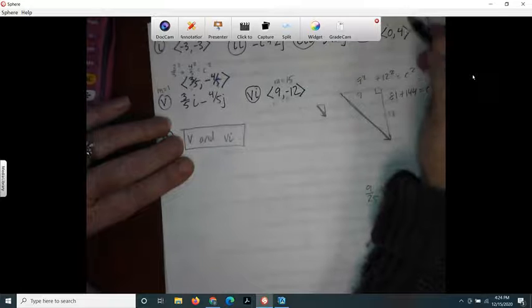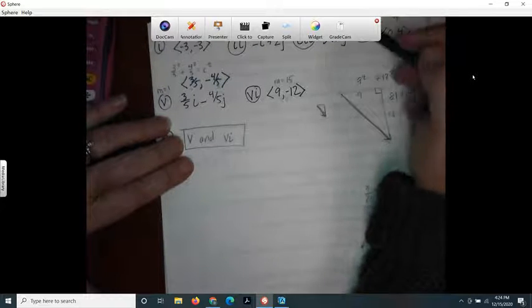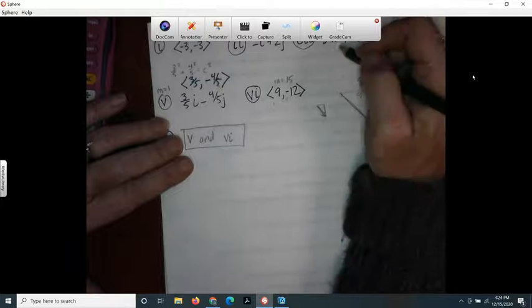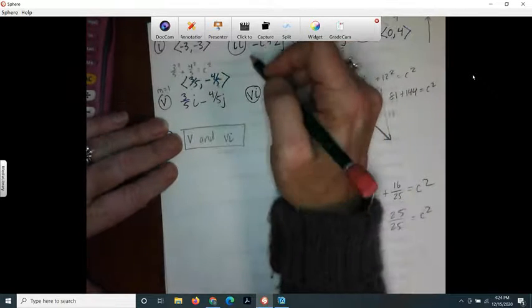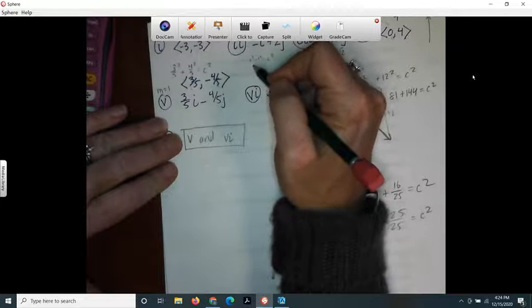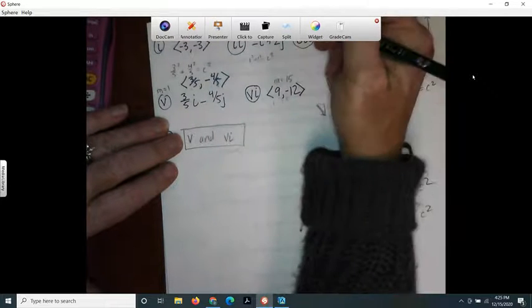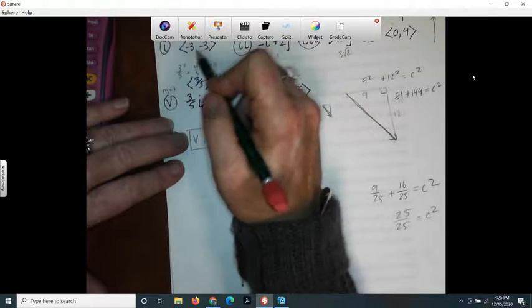This one has a magnitude of 4 because it's just going straight up by 4. This one has a magnitude of 3 root 2, going straight up 3 root 2. This one would be 1 squared plus 2 squared equals c squared, so 1 plus 4, that's root 5. And then this would be 3 squared plus 3 squared, so root 18, I think.